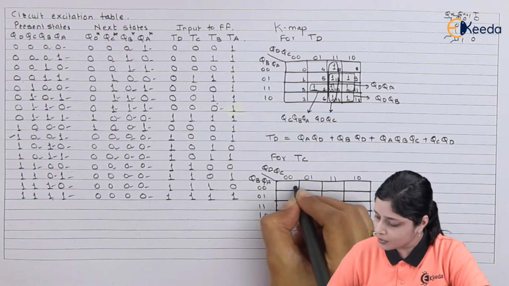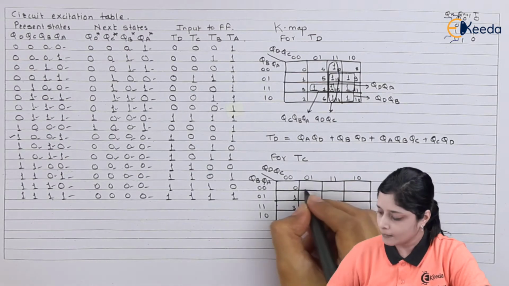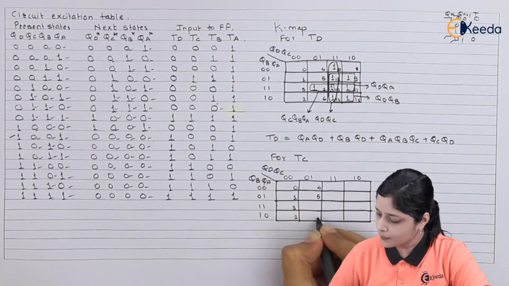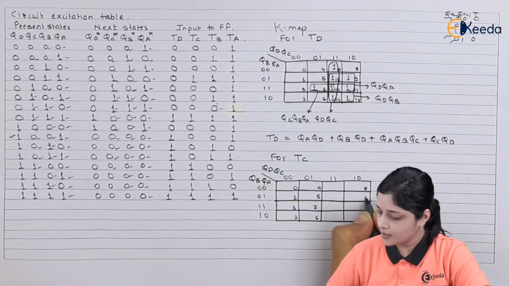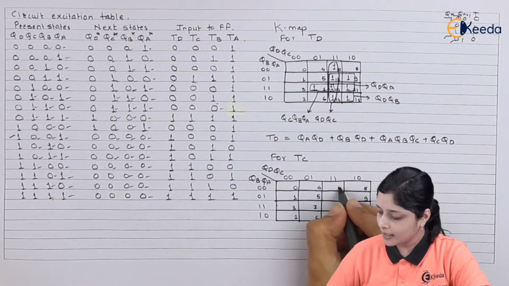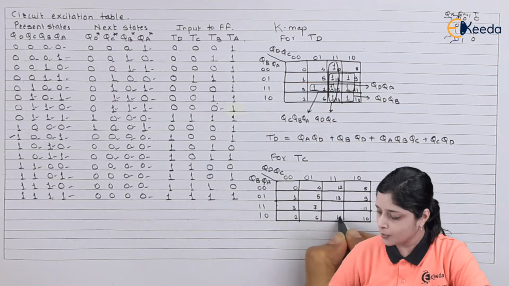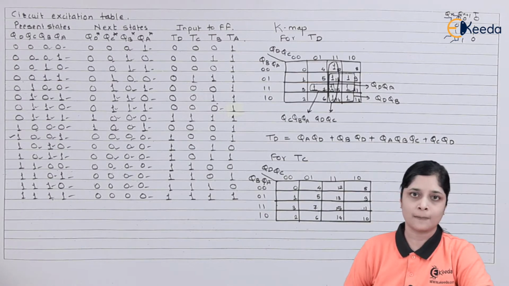After that inside the boxes you will write 0 1 2 3, 4 5 6 7, 8 9 10 11, then 12 13 14 and finally 15 you have to write inside the boxes.